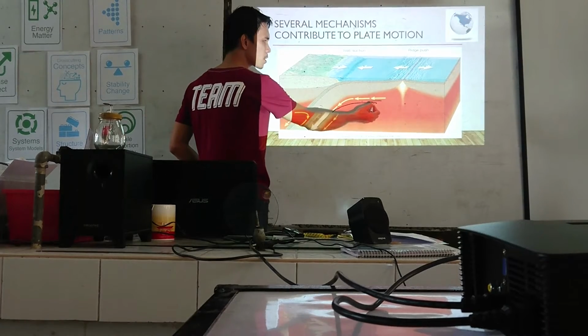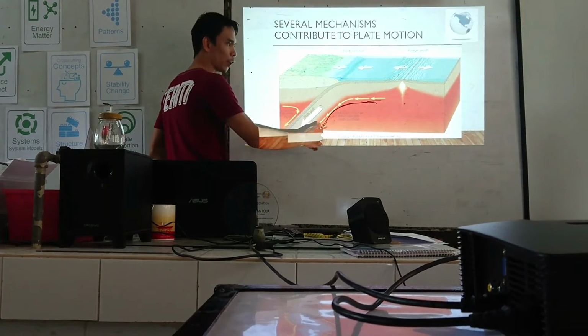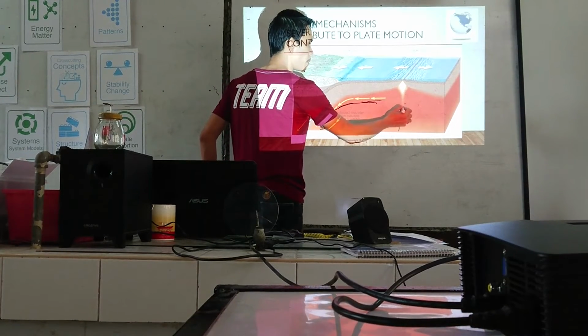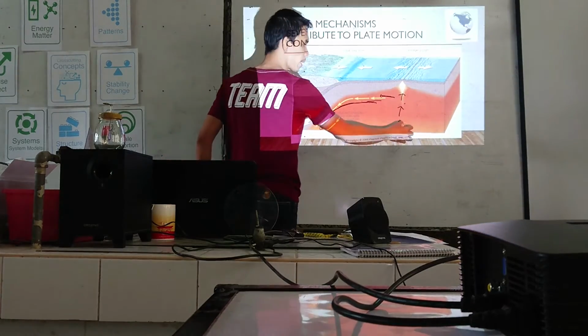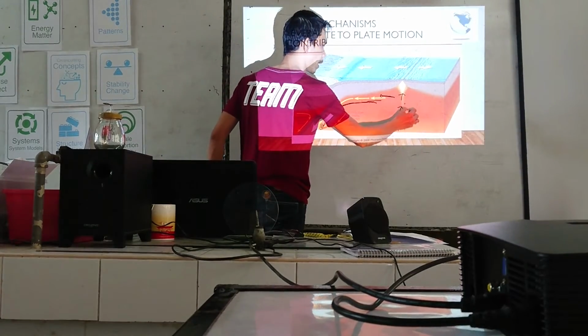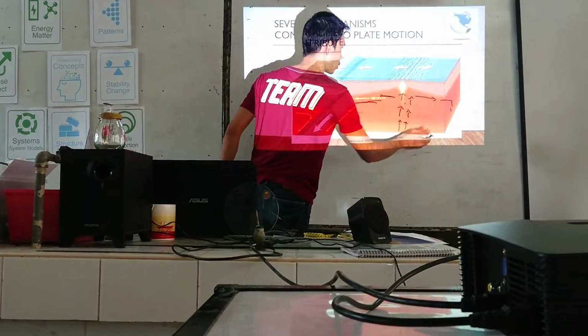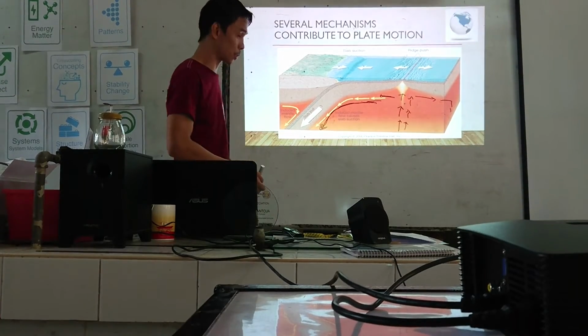Once fluid cools down, it becomes denser and goes back to the bottom, and those materials that are heated go up because they become less dense, and the cycle continues. There are two cycles over here, one at the middle, and the other one goes to the other side. The convection continues because there is heat coming from the Earth's core.